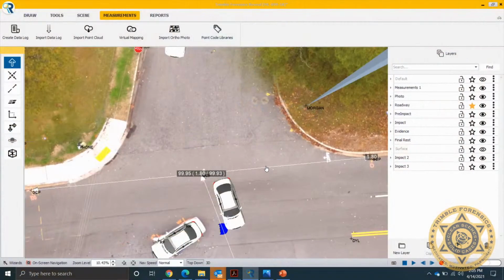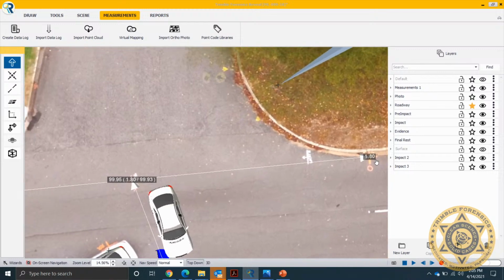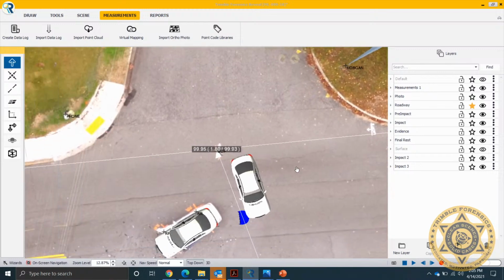Here are shots where a car comes to final rest and some other objects at the scene. We're good with that until we turn on the actual photograph the UAV produced. Looking at the ground control points, there's a 100-foot scale here, and when we zoom in on the measurement, it looks good.